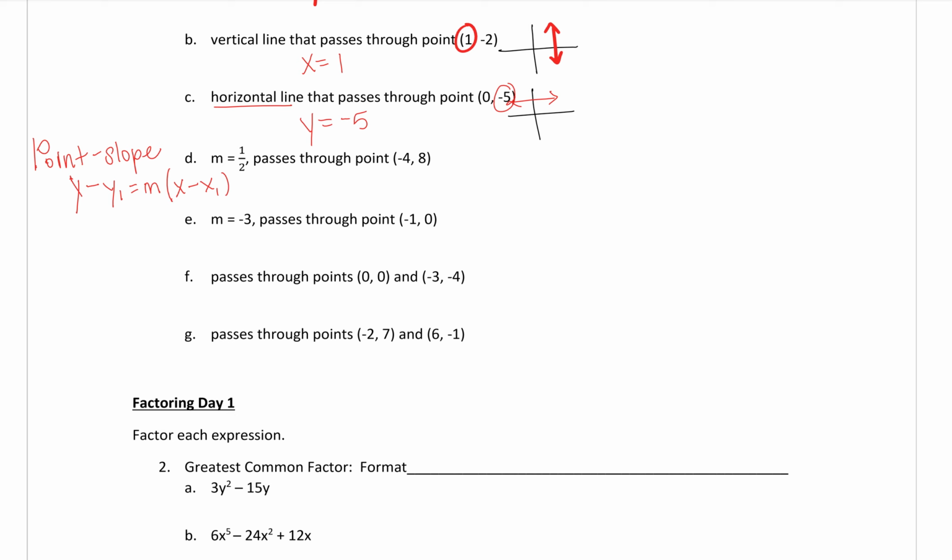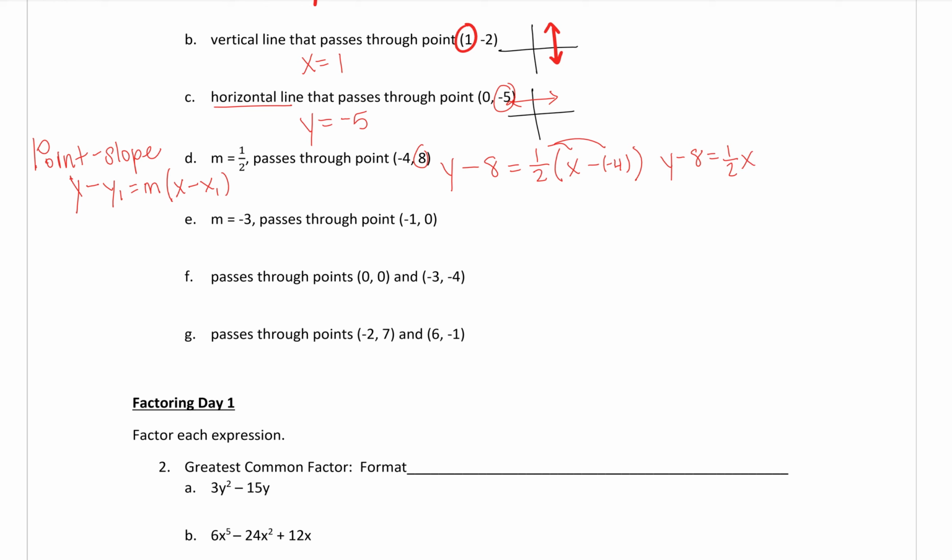So when we go to work this problem, we have y minus our y1, which is 8, so y minus 8 equals m. Sorry, our m is actually 1/2, so 1/2 times (x minus our x1, which is -4). So I'm going to plug in a -4. So I get y minus 8 is equal to, well, if I distribute that 1/2, I'm going to end up with 1/2 x.